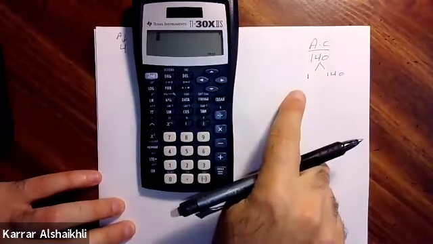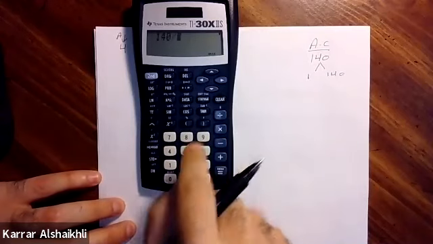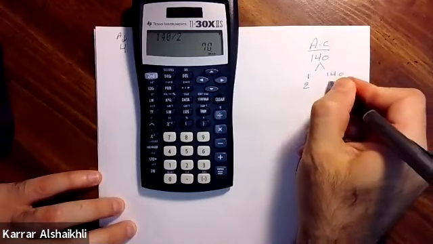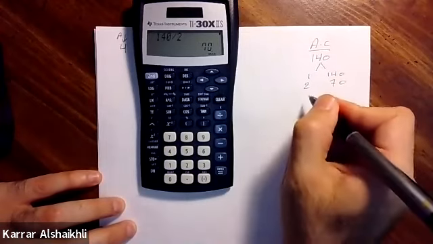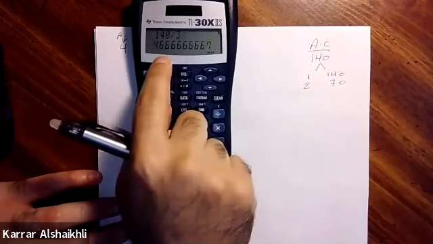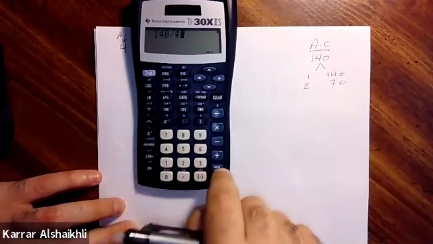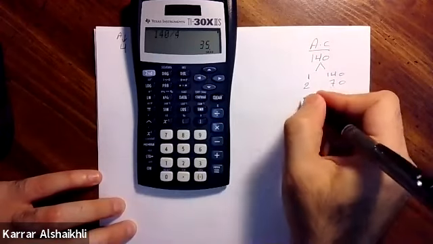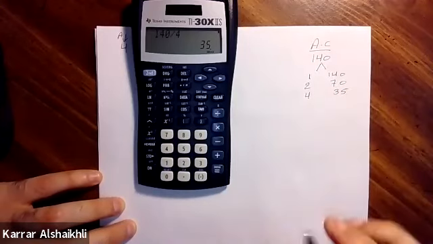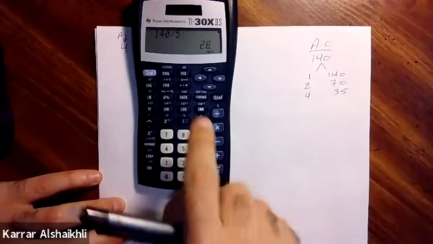So 140 divided by 1 is going to be 140. 140 divided by 2 is going to be 70. By 3, you can't, because it's going to be a decimal. By 4, it's going to be 35. Now 140 divided by 5 is going to be 28.